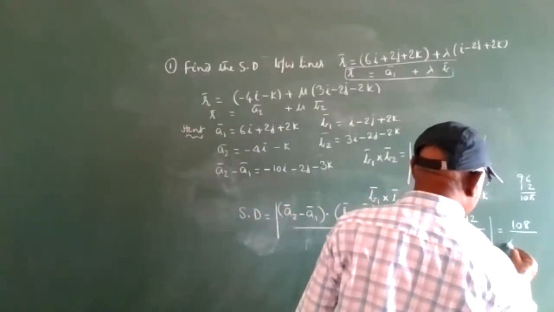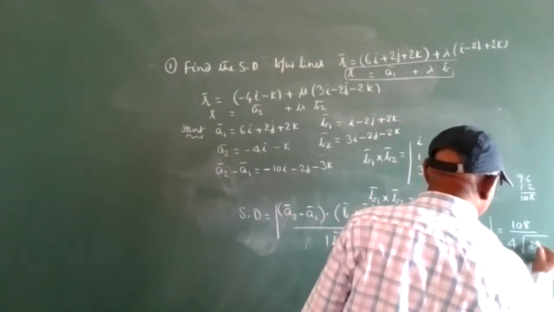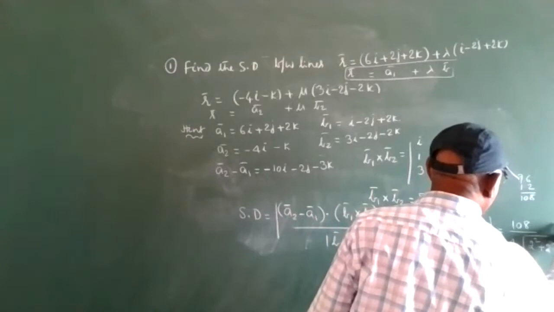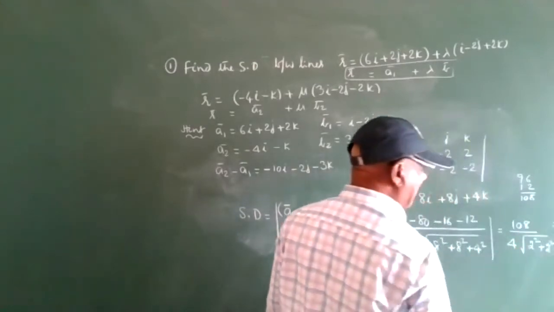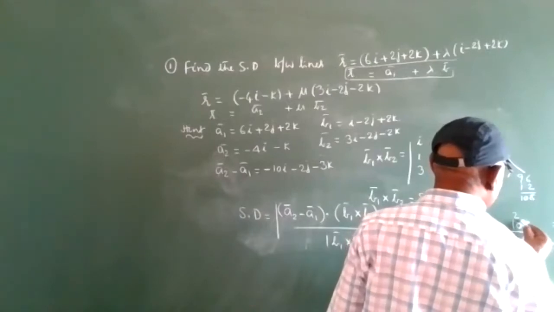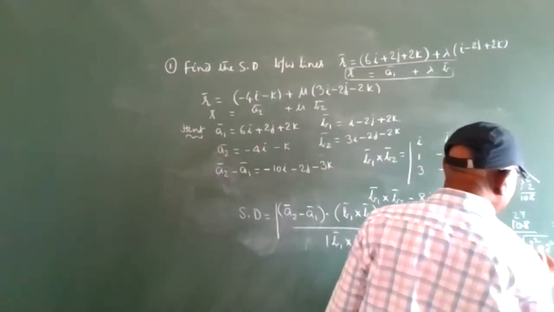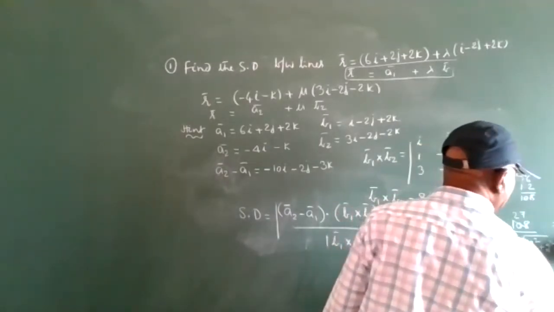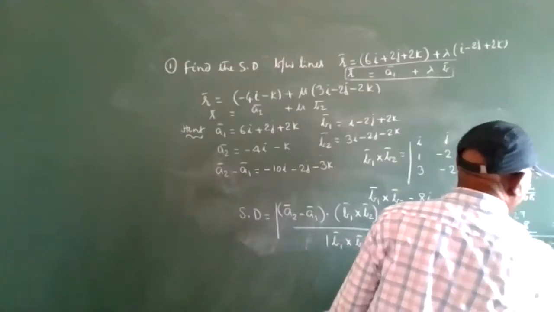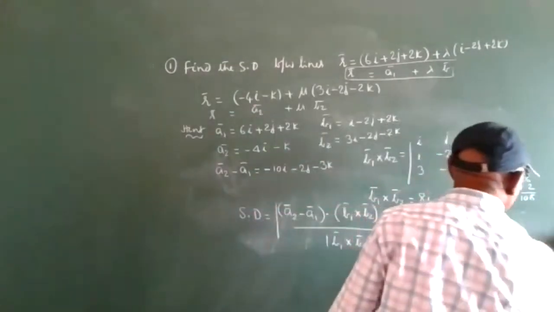Here 4 square is common, so 4 outside, 2 square plus 2 square plus 1 square. So 108 will be cancelled. 2 times 8, 7 times 27, denominator is 4 plus 4 plus 1, that is 9. Root 9 is 3. 9 units is the answer.